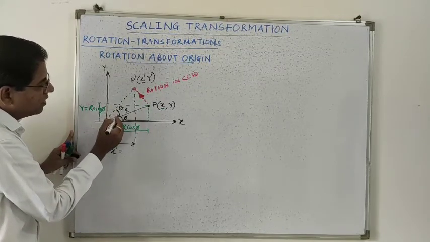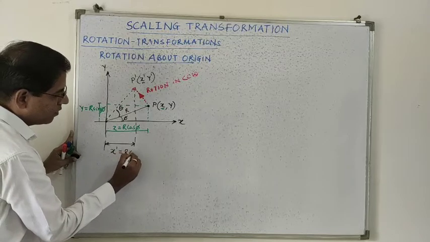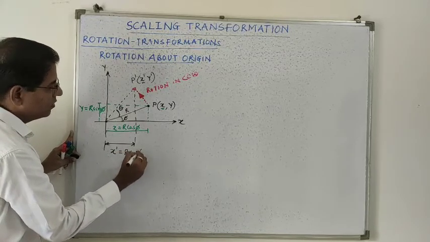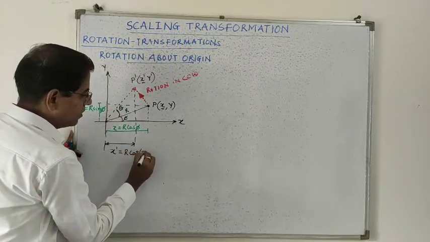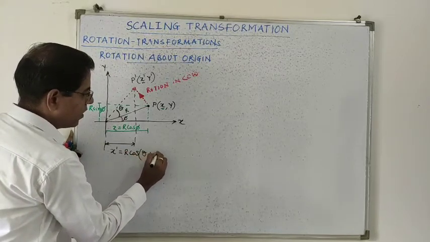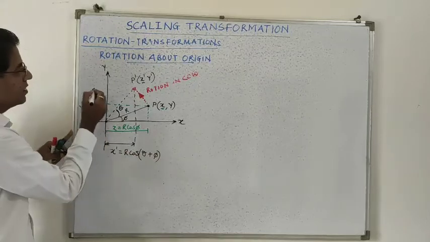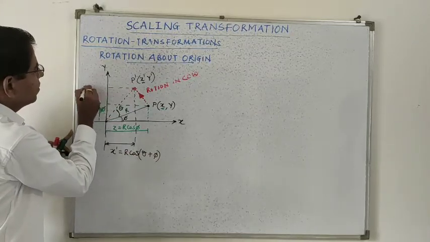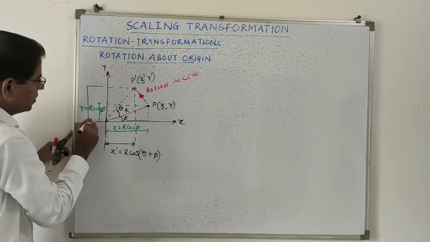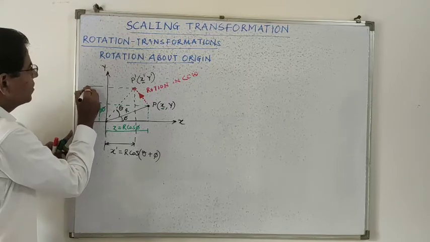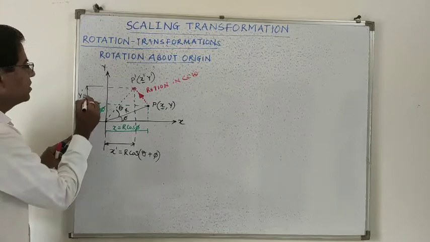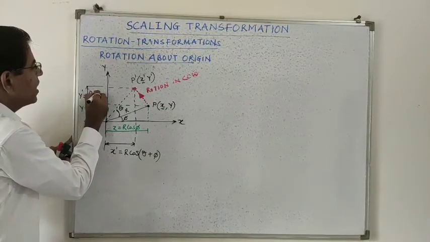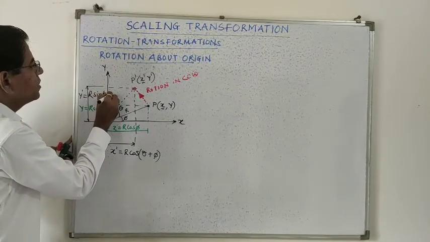It is nothing but r cos theta plus phi. This complete angle, r cos theta plus phi. Similarly, y dash is this complete distance, and this y dash is r sin theta plus phi.